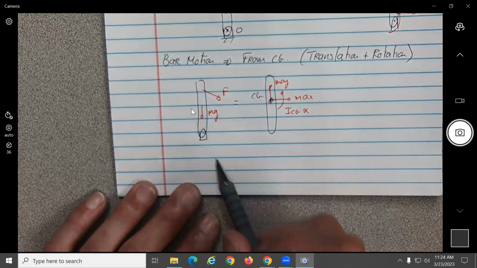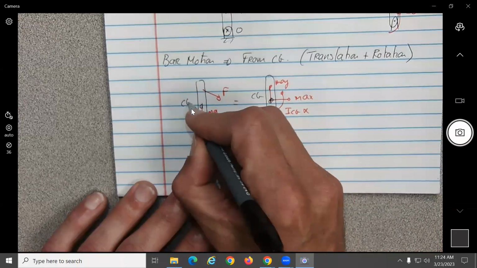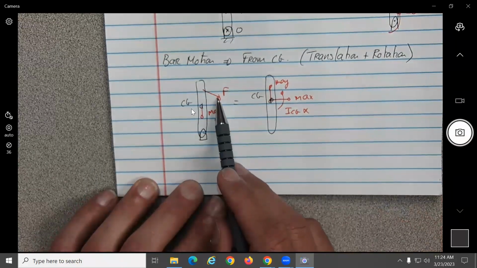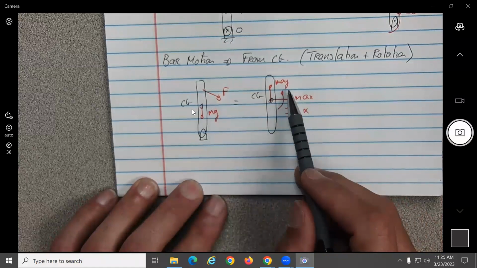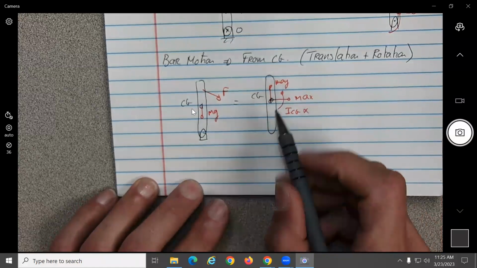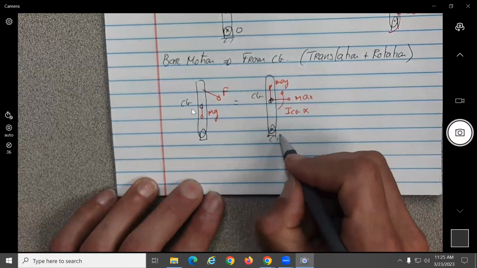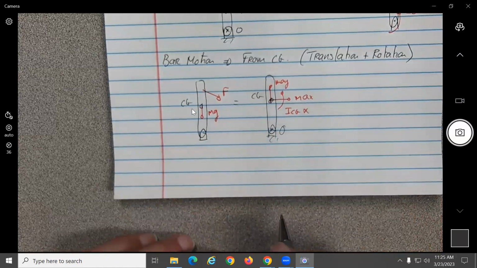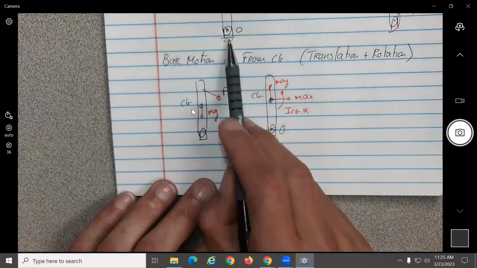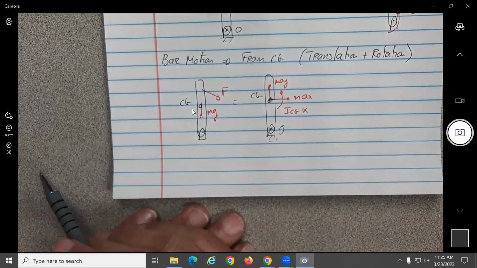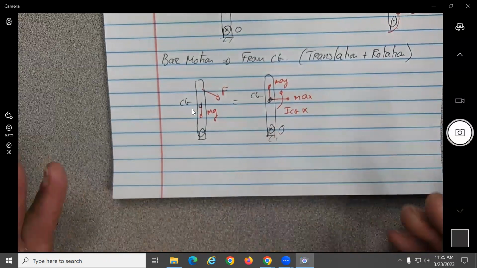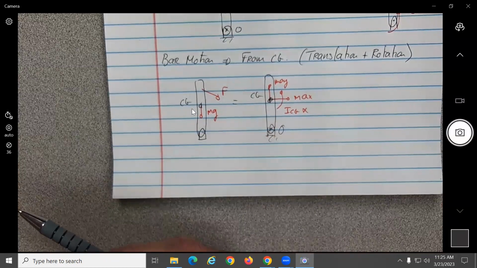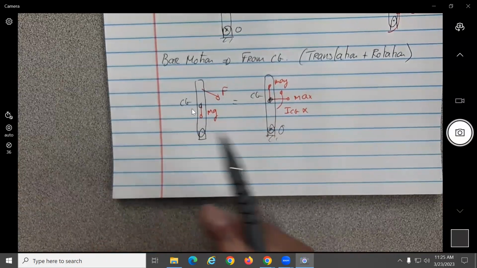So if you keep it here at the CG, now what's going to happen? This is still going to create a moment, but now the MAY and MAX here are also going to create a moment about point O, no? So it's always better to go this one, not for this one. I mean, it's going to be easier. Let's put it this way. It's not better. This one is going to be one extra equation, and you need to be a little bit more careful. But do you understand the difference?